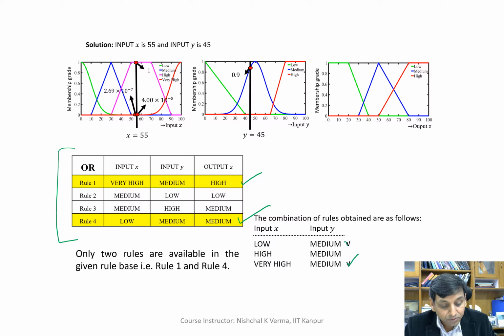These 2 exist in the set of rules given to us, meaning the model has these rules. The second combination, high, medium, is not there in the set of rules, so we'll discard it. We'll only take rule number 1 and rule number 4, and proceed further.